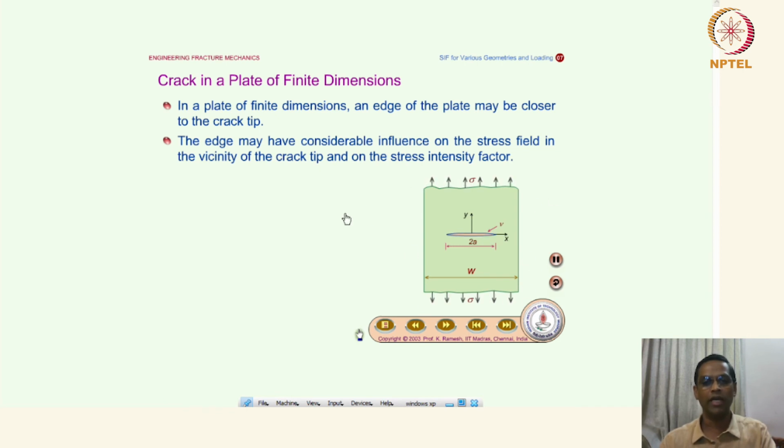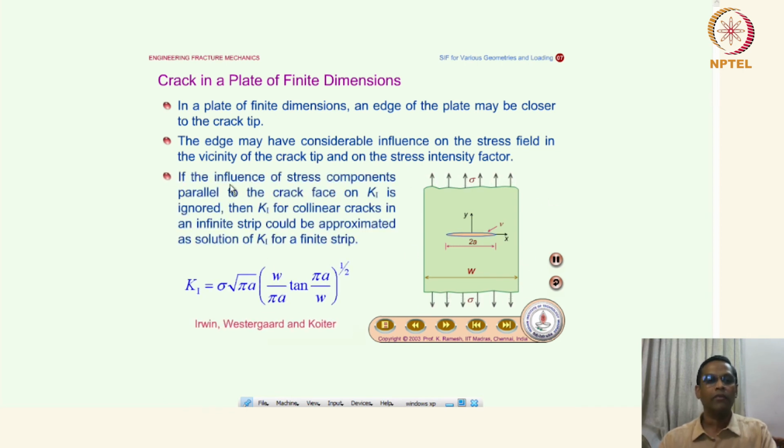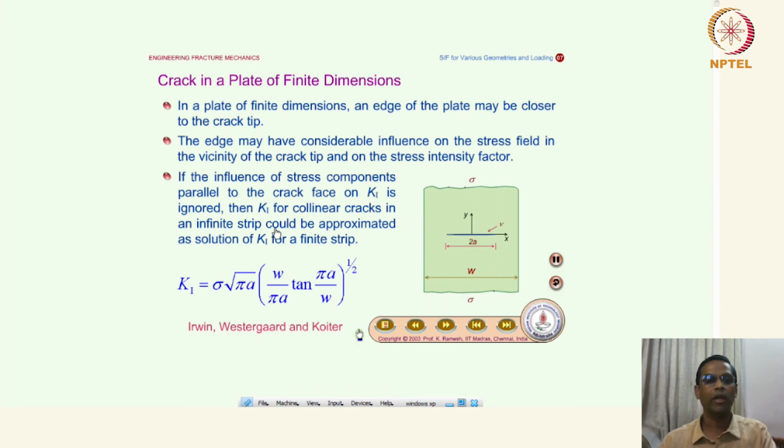So now it is a finite dimension. If the influence of the stress components parallel to the crack face on K1 is ignored, then K1 of collinear cracks in an infinite strip could be approximated as the solution of K1 for the finite strip, in this form.